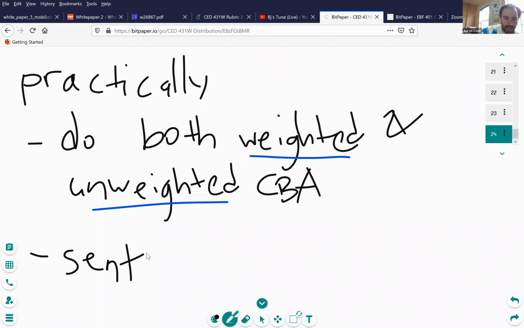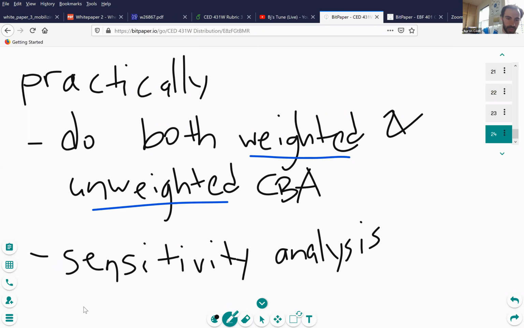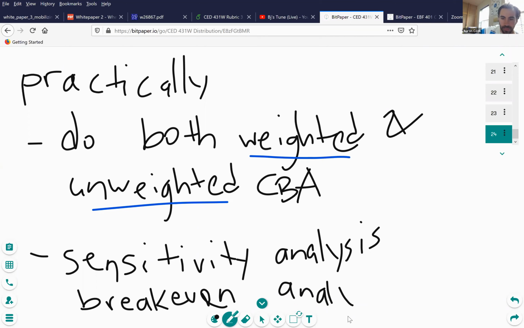And so that implies do sensitivity analysis, do break-even analysis, look at which set of weights might make one policy become positive net present value, switching from negative to positive.